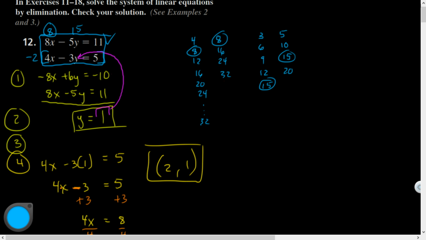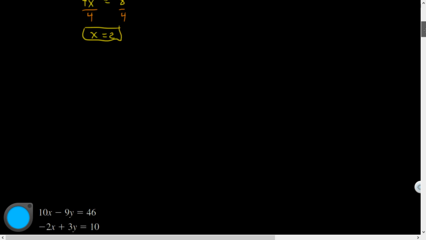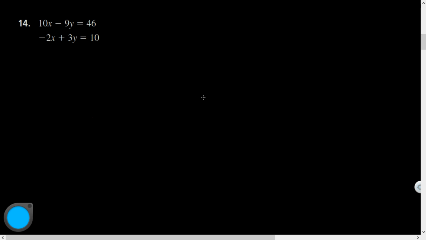If I was solving by substitution here, I would at some point, solving for this x, have had to divide by 8. Dividing makes fractions. Or here I'd have to divide by negative 5. Dividing makes fractions. So in all of these cases, dividing would have made fractions. And usually, you don't like fractions. They're harder to work with. So that's why elimination method was a great choice for that problem.